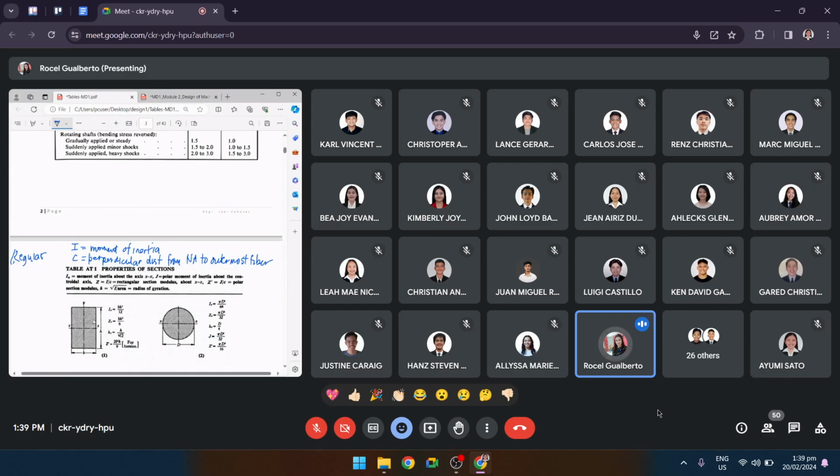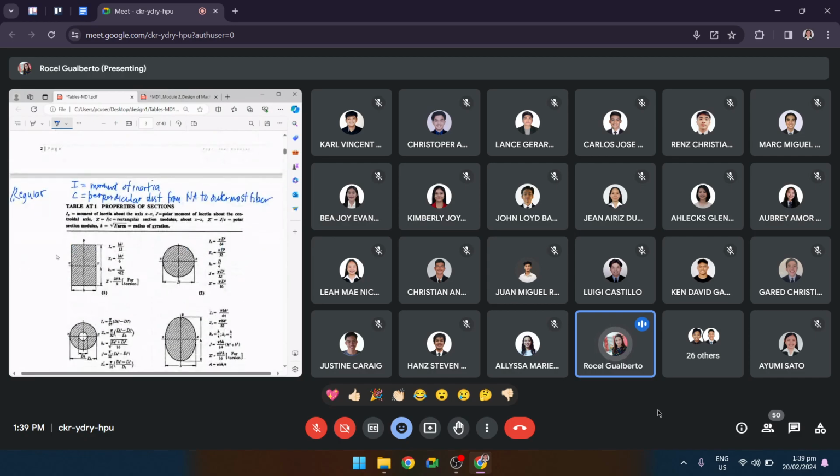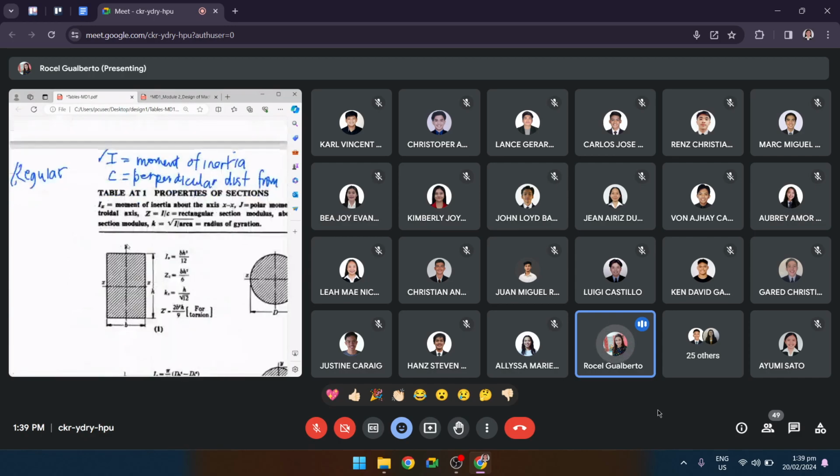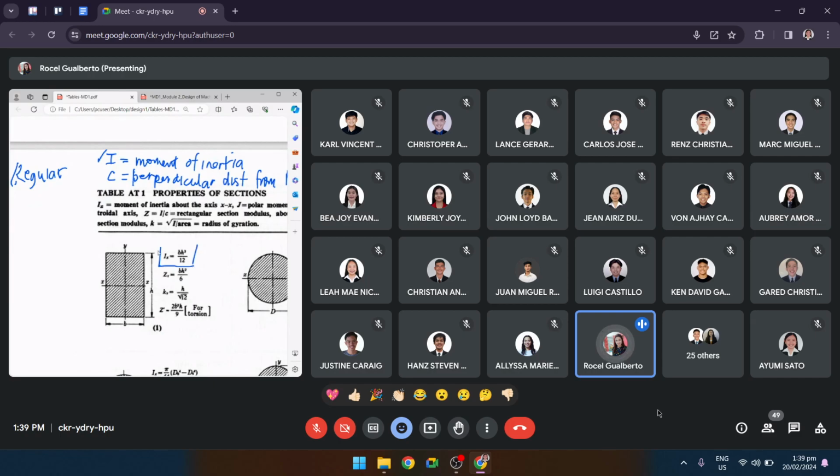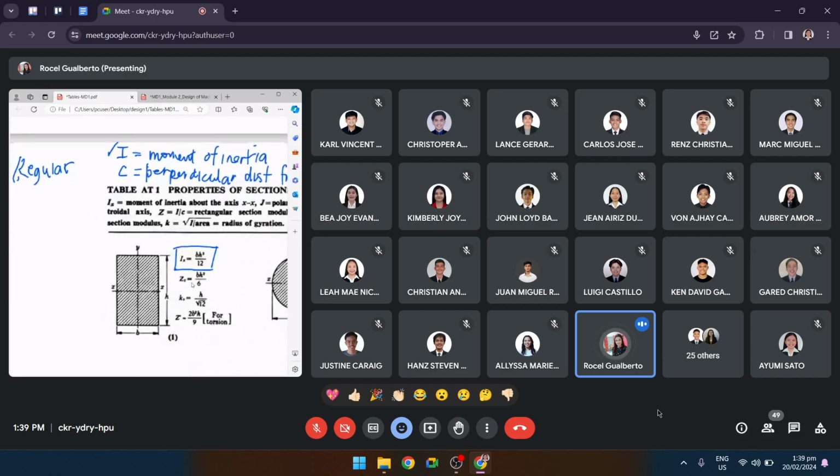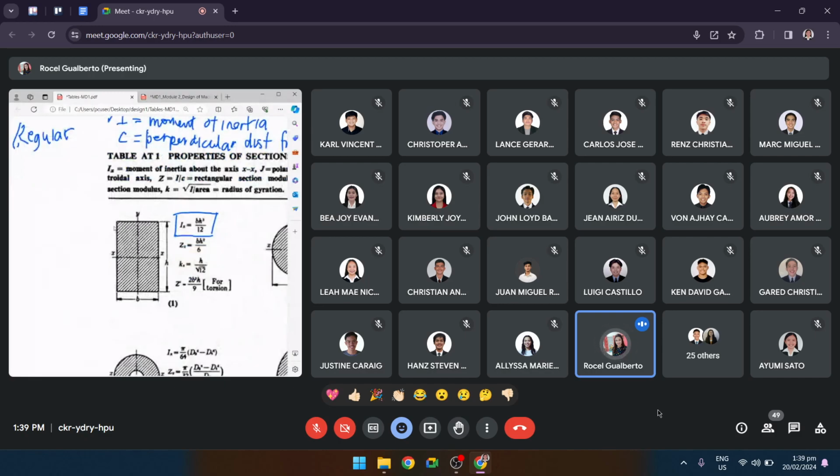We start with this one, a rectangular cross section. Let us have first the I, the moment of inertia. You would see here the equation for I is BH cubed over 12. That is the moment of inertia.